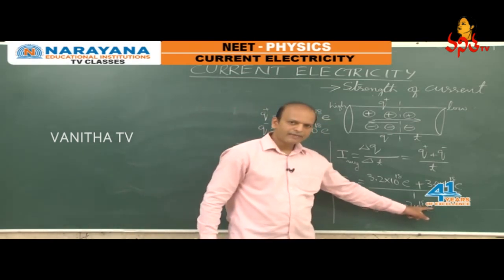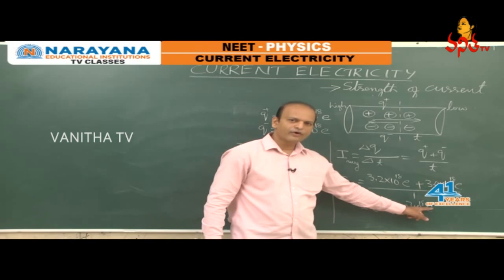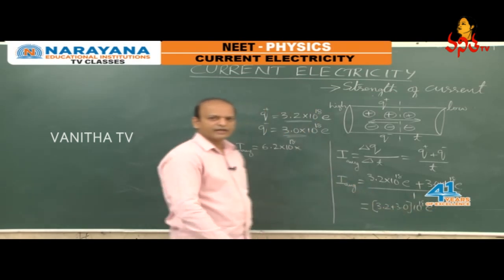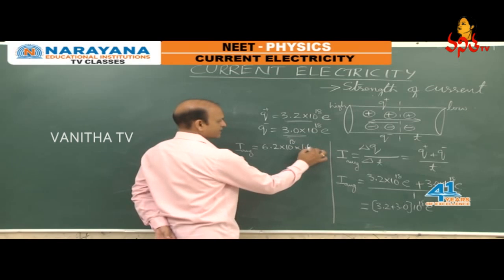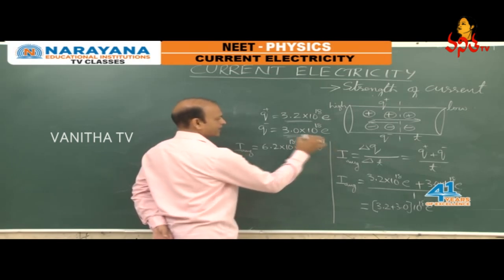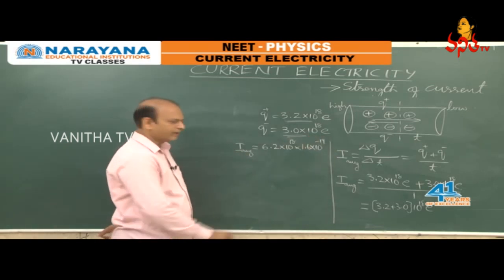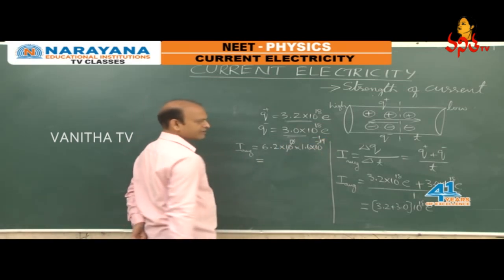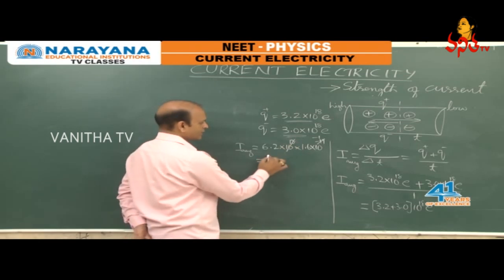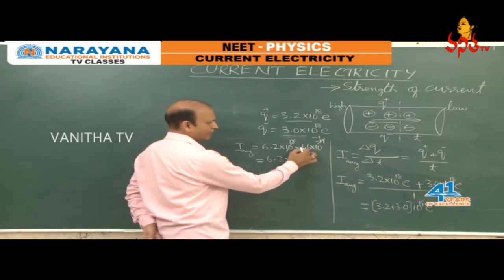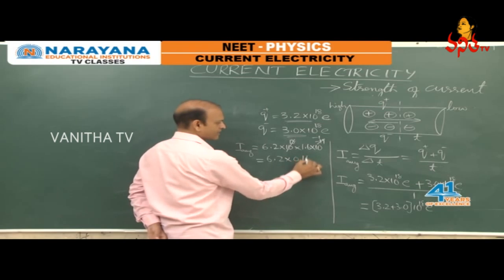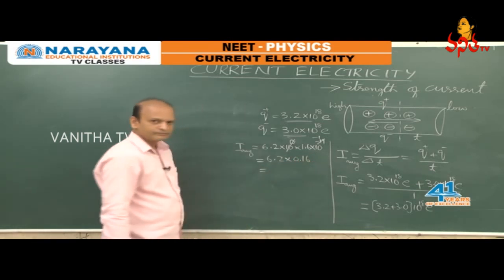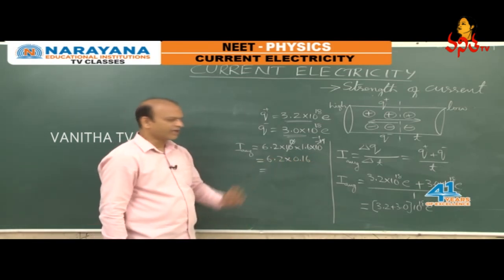We know that the magnitude of the electron charge is 1.6 into 10 power minus 19 coulomb. So that is 1.6 into 10 to the power of minus 19 coulomb. Okay. So that will be 10 power 18 minus 19, this will be 10 power minus 1. So we can write 6.2 into 1.6 into 10 power minus 1, which is 0.16 times the multiplication of this.